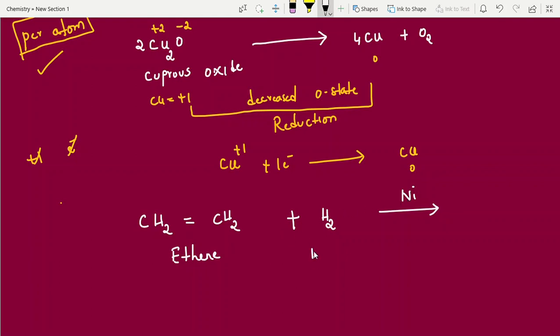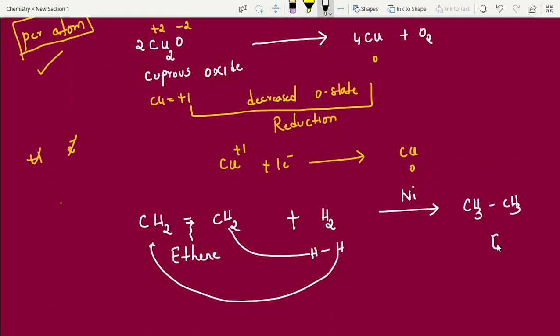See here, the hydrogen molecule, you can write it like this, breaking here, and add one hydrogen here, add one hydrogen here. That's it. What is the output, students? CH3, CH3. Ethane. We are preparing ethane. This is ethene, this is ethane. How? Addition of hydrogen. What is the process? We call it reduction.